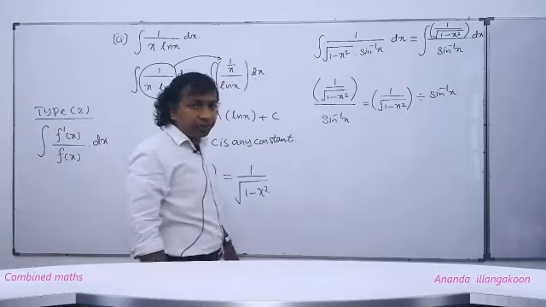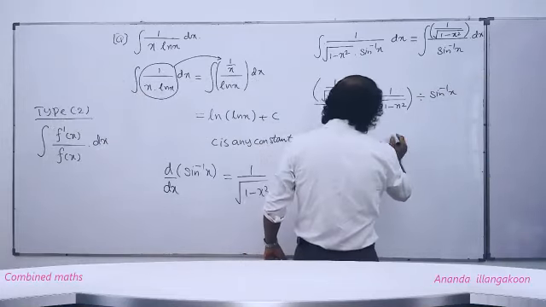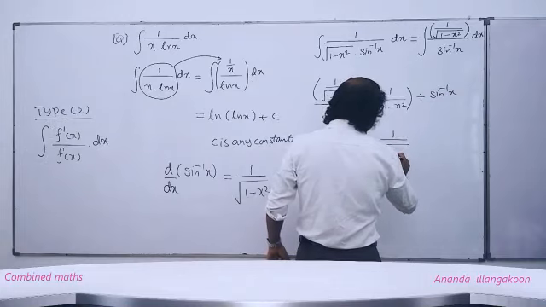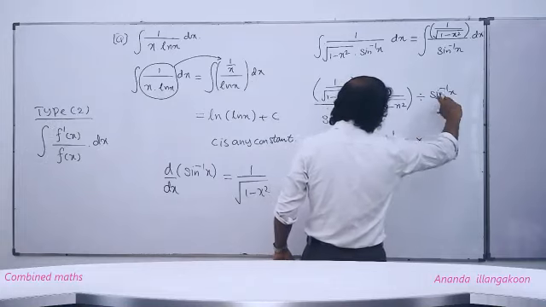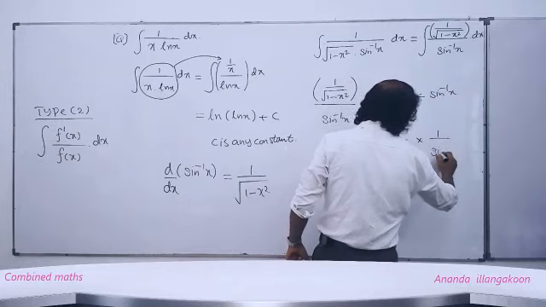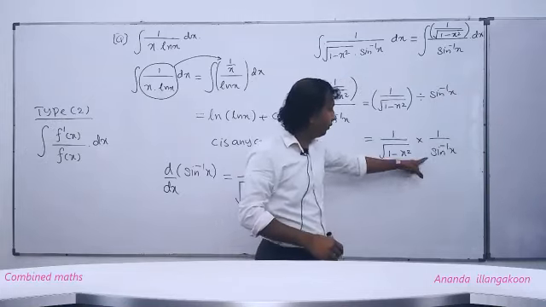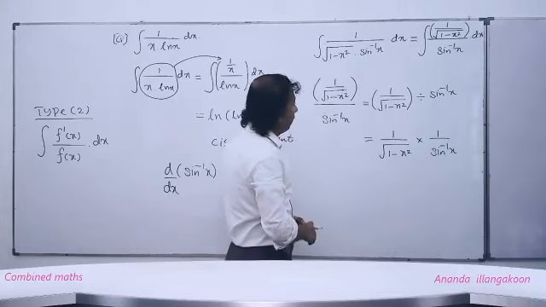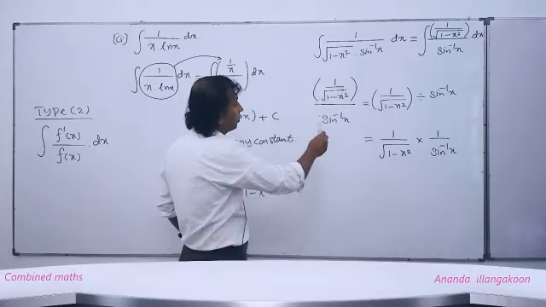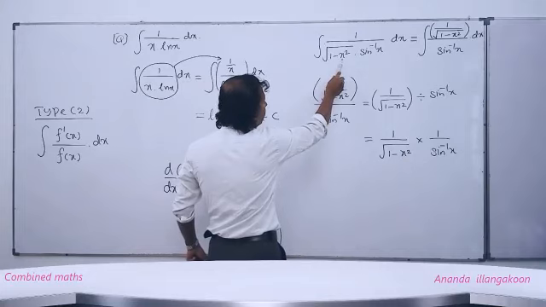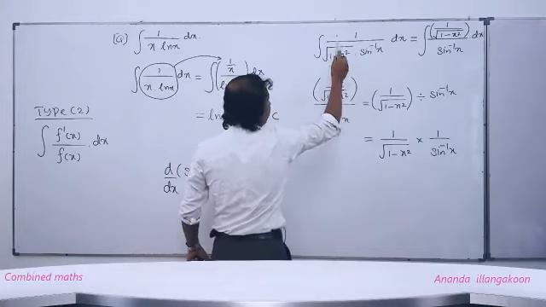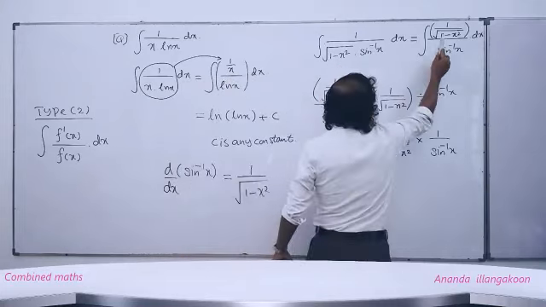This division sign we can write as multiplication and take the reciprocal of this. Then when you multiply this way, people, really we get this, no?